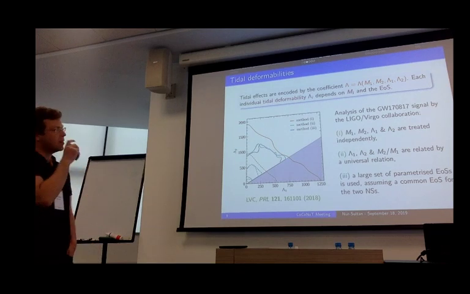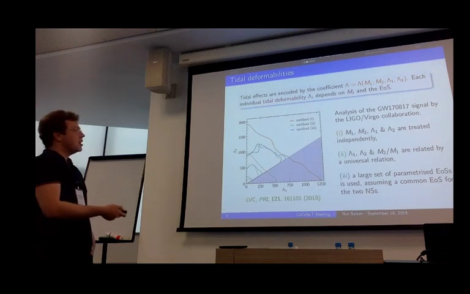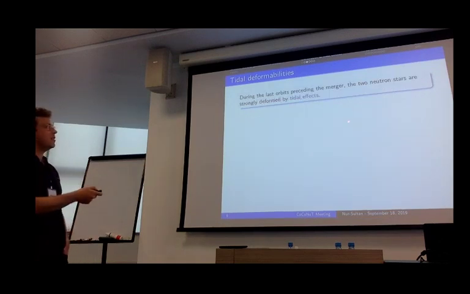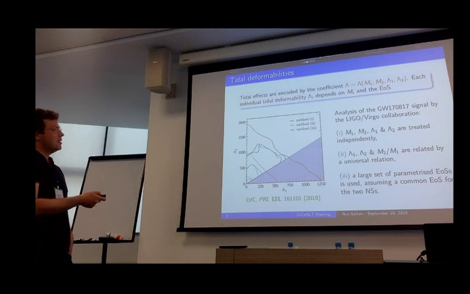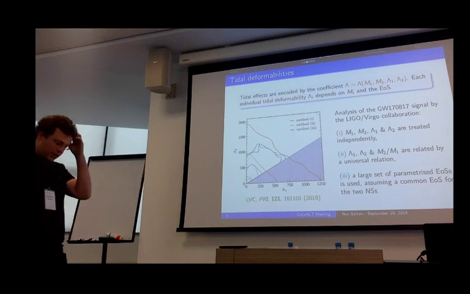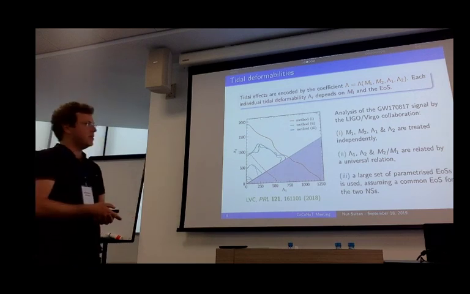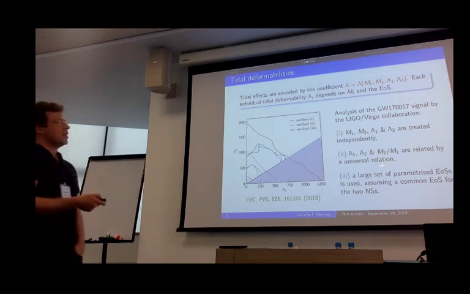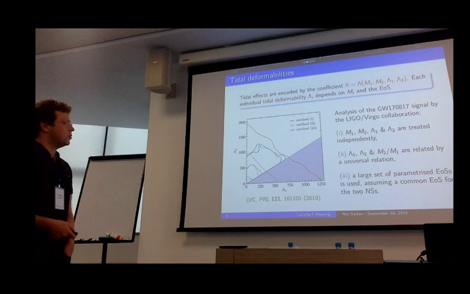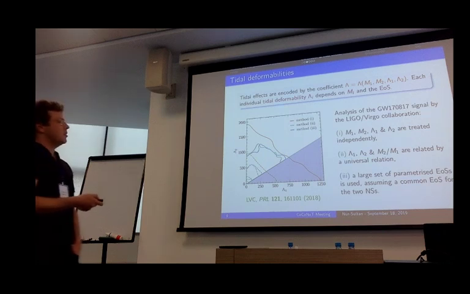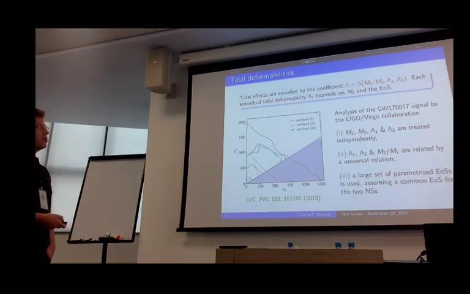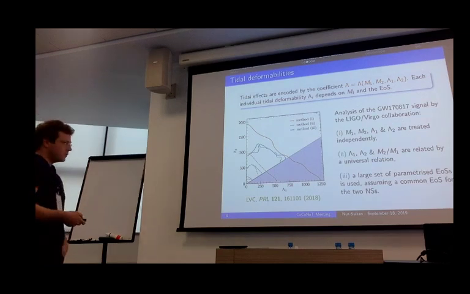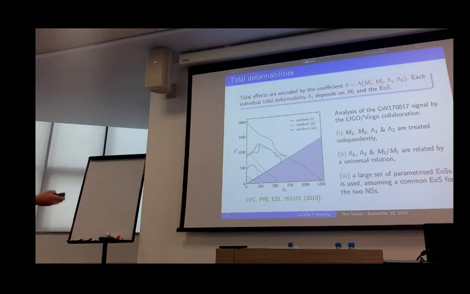So actually, three different methods were used to compute this theoretical waveform. First one, in which the masses and the individual tidal deformabilities are treated separately. Second one, in which these quantities are related by some universal relation, and a third one, in which a large set of parameters in the equation of state were used. And as you can see here, the three methods essentially give similar results.